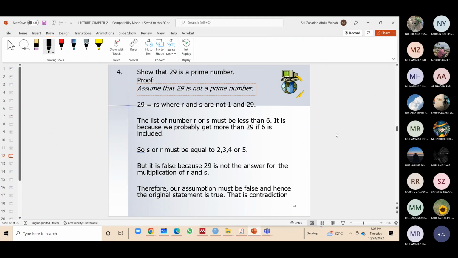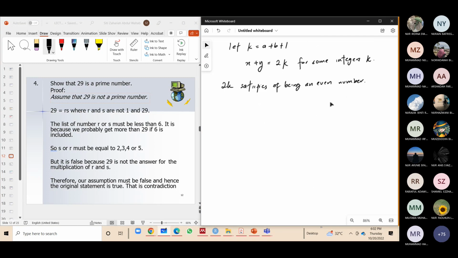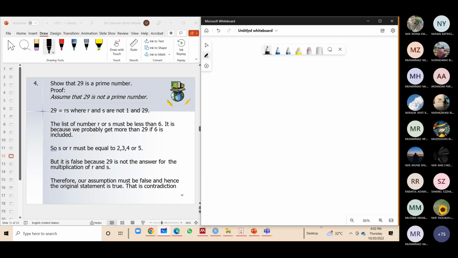Okay, now look at this example. Prove that 29 is a prime number. We want to use the contradiction method.